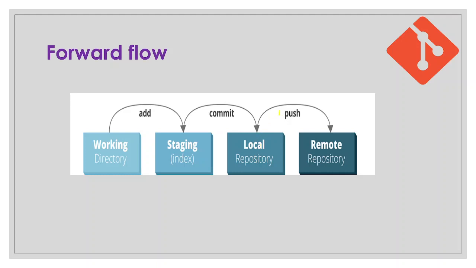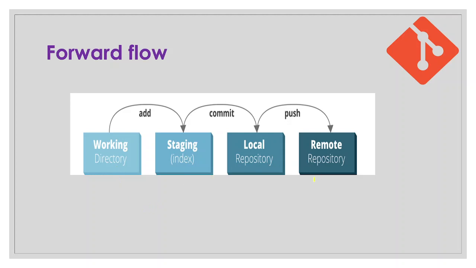From the local repository, if you want to move the changes, we need to push them to the remote repository. These are the commands we are going to make use of in the forward flow: add, commit, and push. The backward flow is where you can fetch the remote repository changes, or revert your local changes to staging, and from staging back to the working directory.